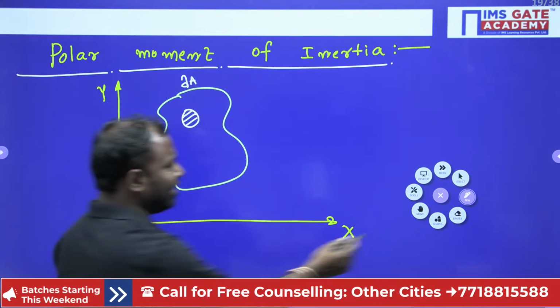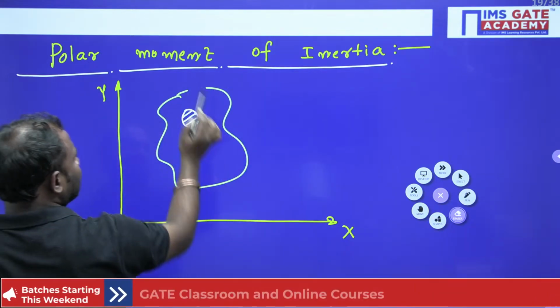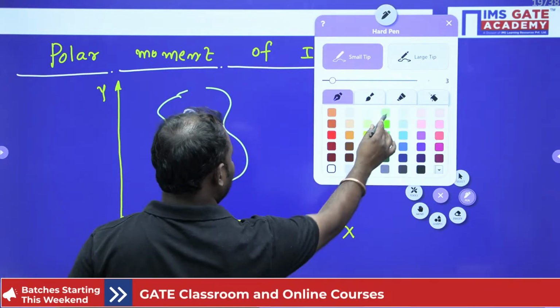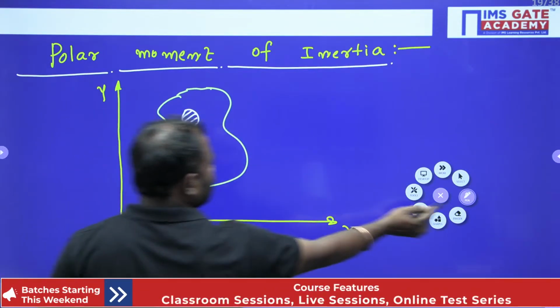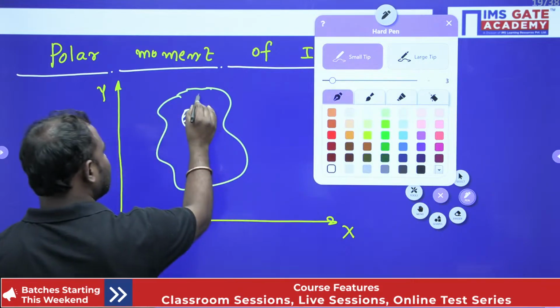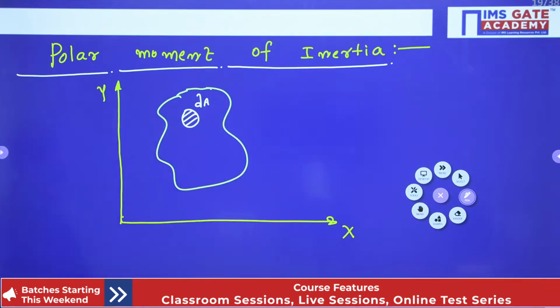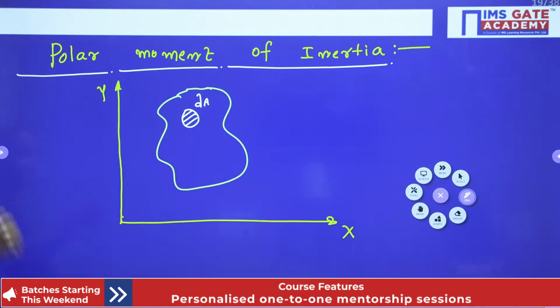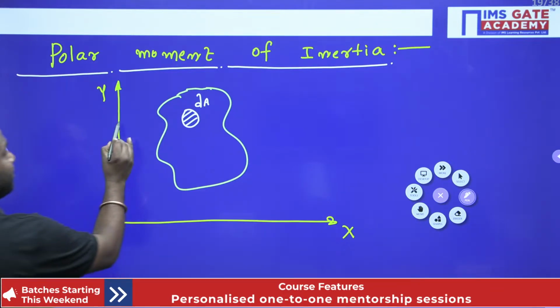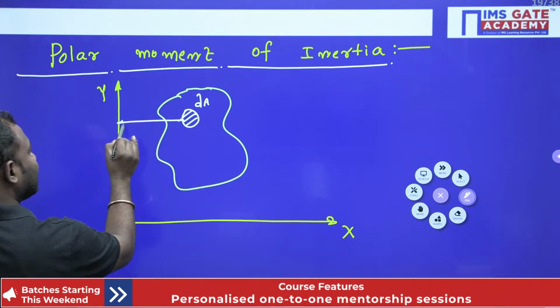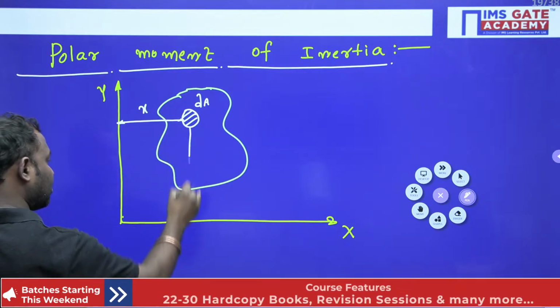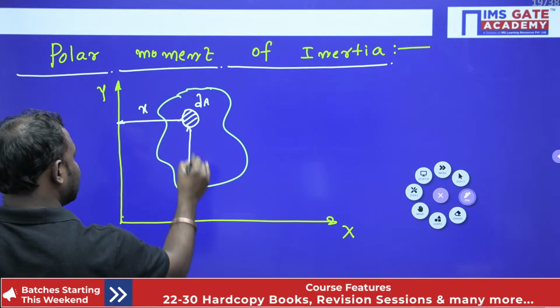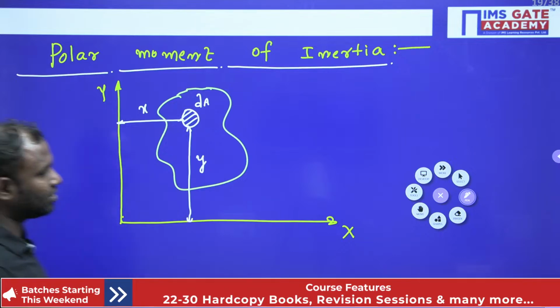I'll write it inside only. All right. Now here guys, what happened? It is located at distance x from the y-axis, and at distance y from the x-axis, right?